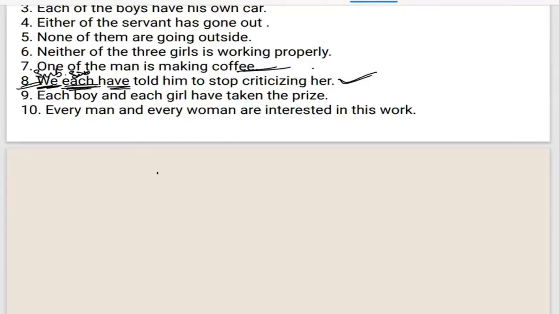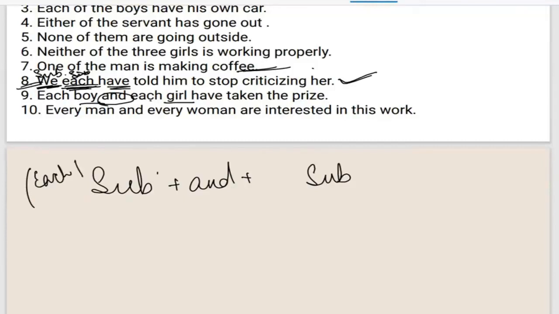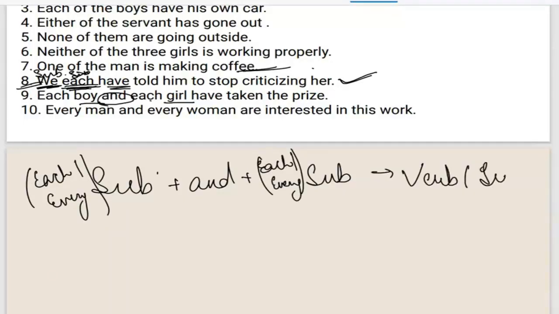In sentence number 9 and 10, we can see that two subjects are connected with and, and before both the subjects, each or every has been used. So whenever two subjects are connected with and, and before both the subjects each or every is used, then the verb used after them will be singular only.